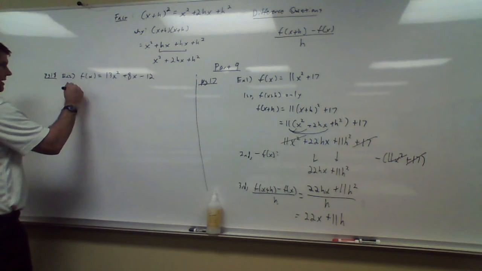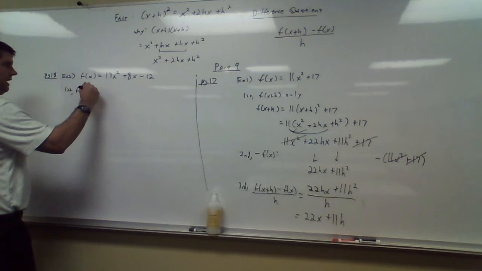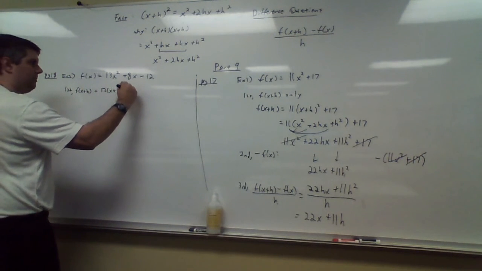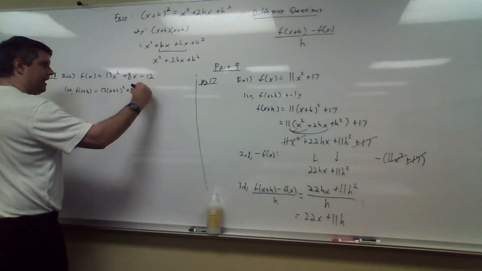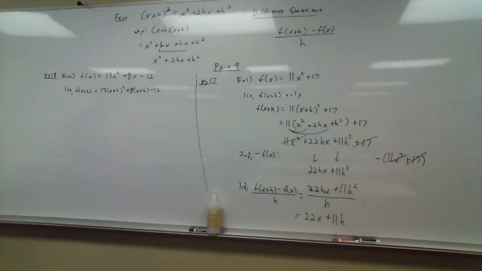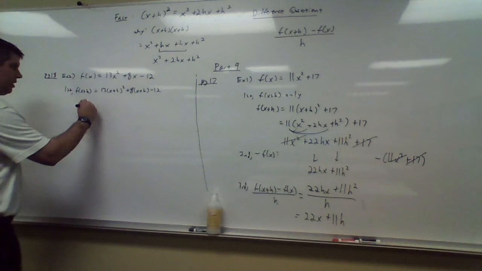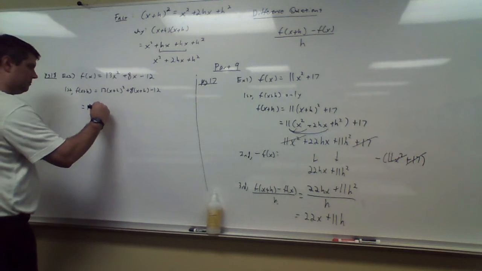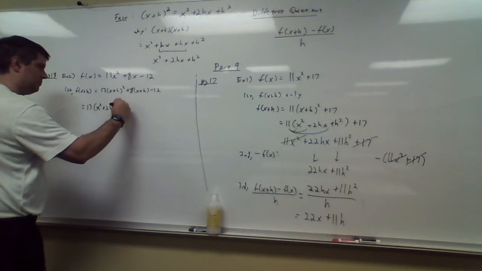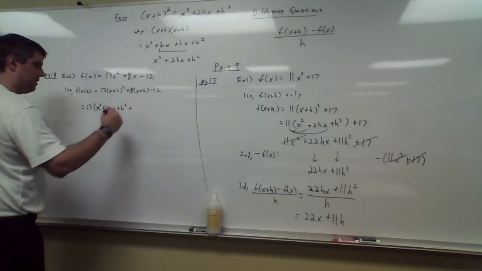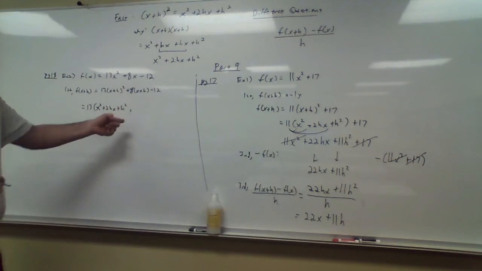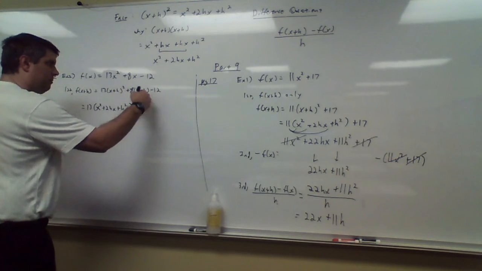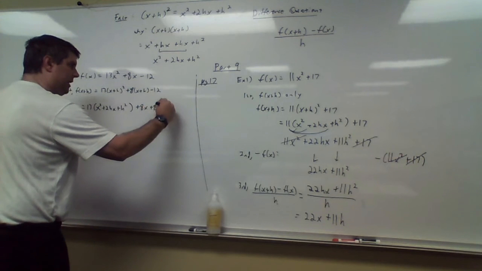First, f of x plus h equals 13 times x plus h squared plus 8x plus h minus 12, which will give me 13 times, this is actually that, plus, oops, I forgot the other parenthesis, plus 8x plus 8h minus 12.